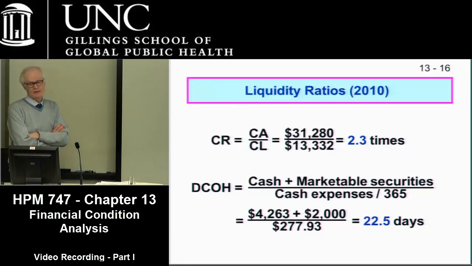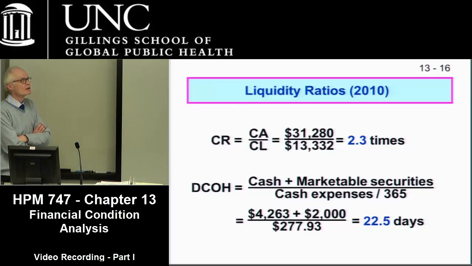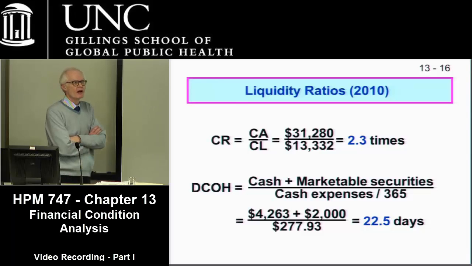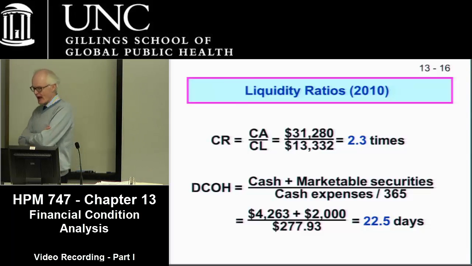The second possibility is, let me ask you then, suppose, let's look at Chatham, which is owned by UNC. What might UNC do to Chatham's cash?